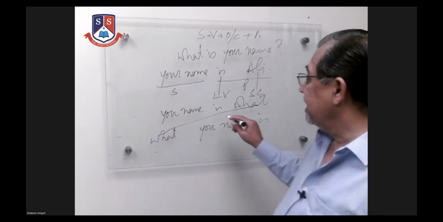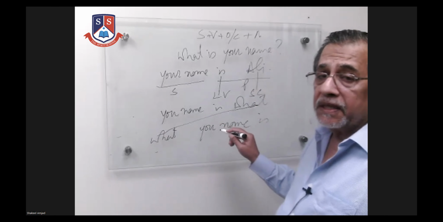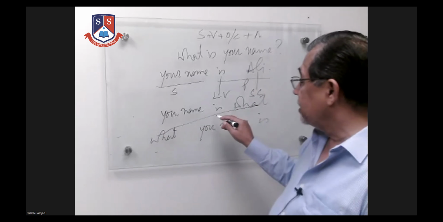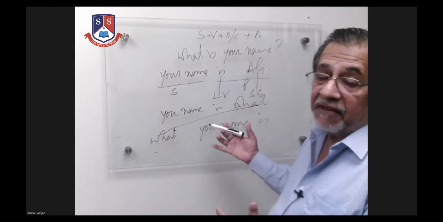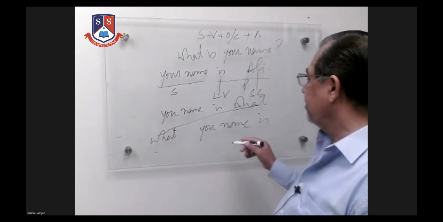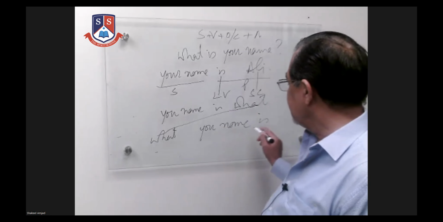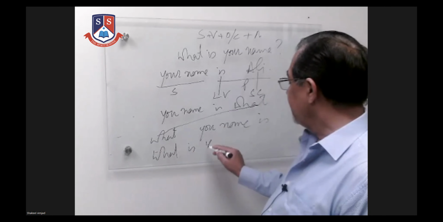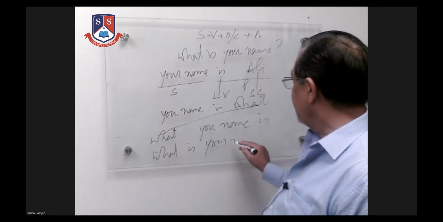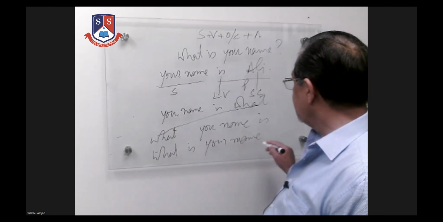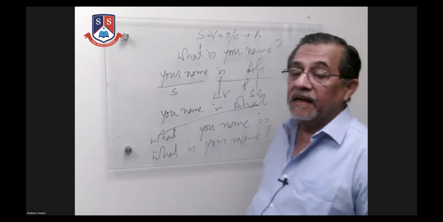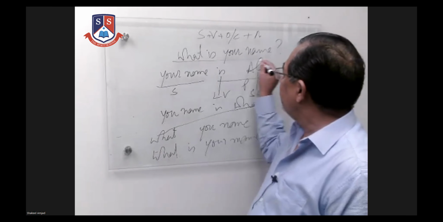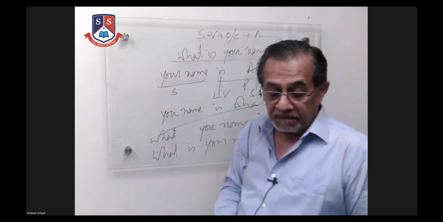Since "is" in this sentence is used as a main verb, and it doesn't have any other word, what we do is we bring it. So "is" is brought: what is your name. As it makes a question, we put an interrogative sign. So this is the transformation involved in "what is your name."